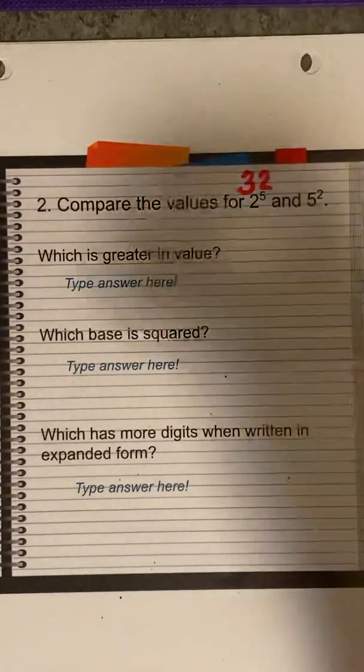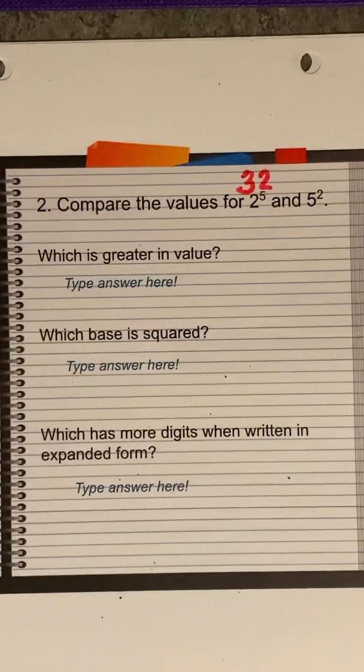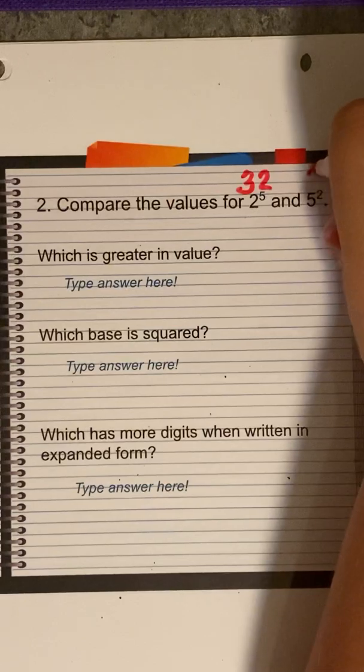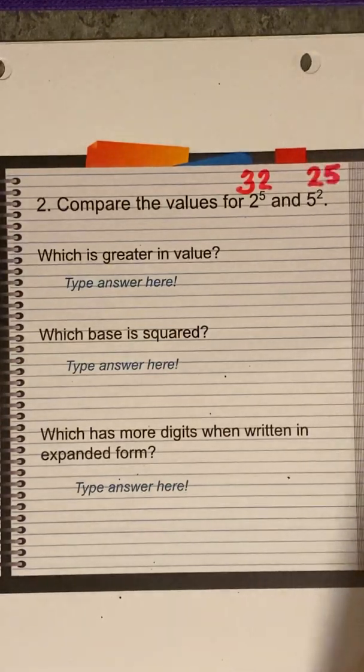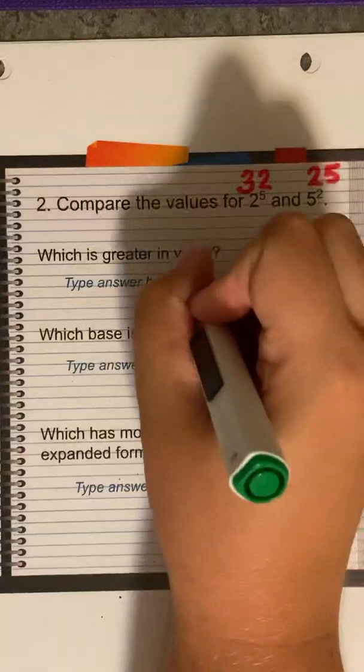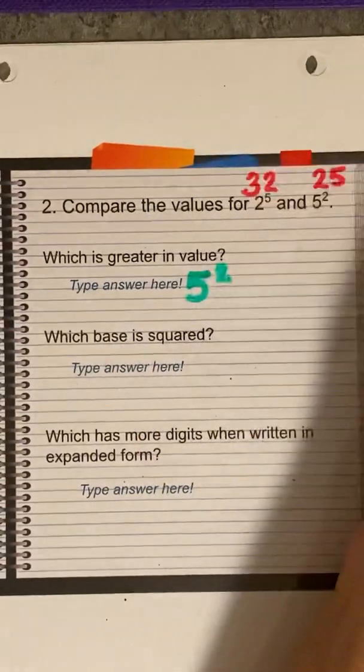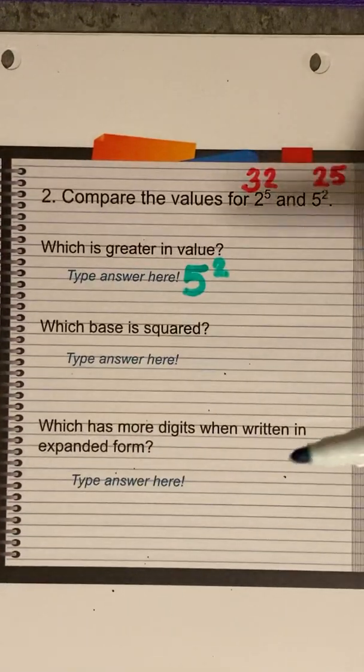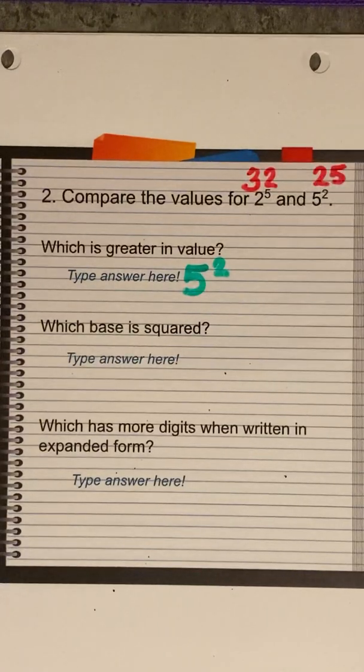Now 5 to the 2nd power, or 5 squared, means 5 times 5, which is 25. So which is greater in value? I'm going to write 5 squared, or 5 to the 2nd power. Which base is squared?